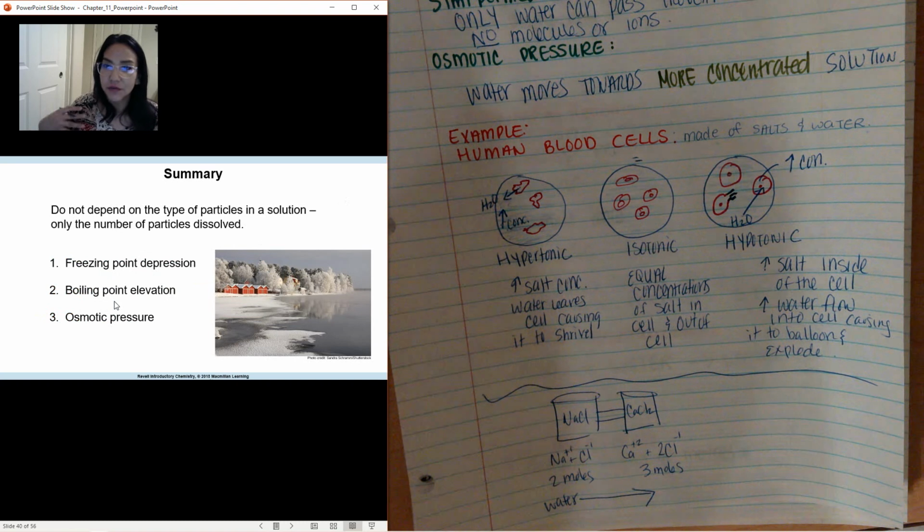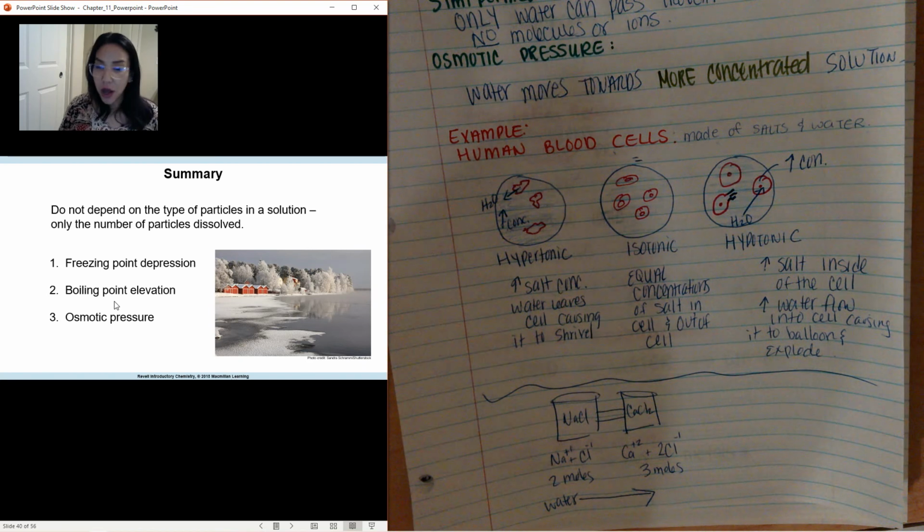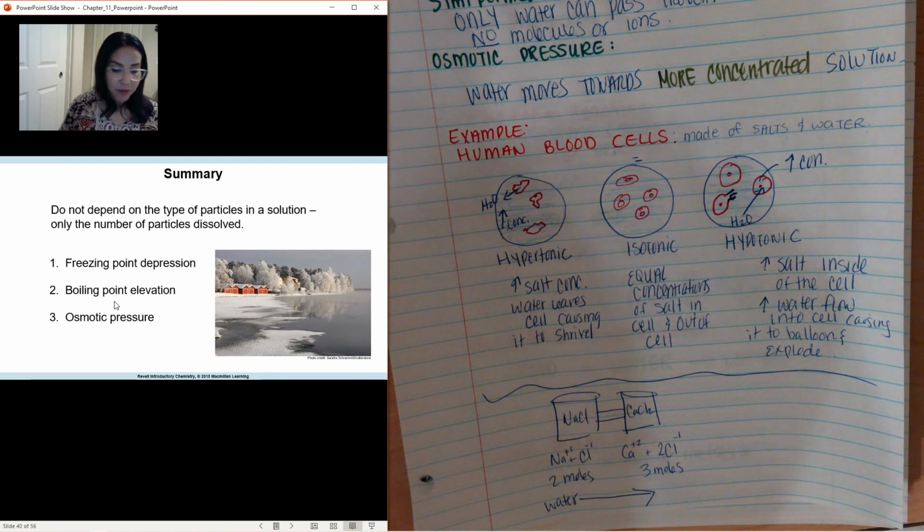isotonic kind of pressure. All right, in summary for this one, freezing point, boiling point, and osmotic pressure, right? They all depend on the quantity of particles that you have. So the mole values of your particles, not on what it is. It could be sodium chloride, magnesium chloride, calcium chloride. It doesn't matter which salt you have. It's only how much of that you have.